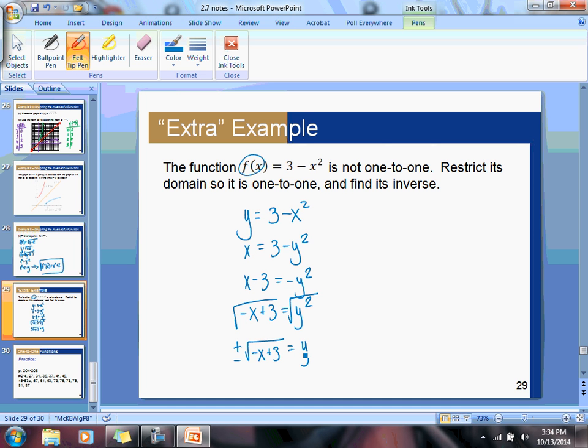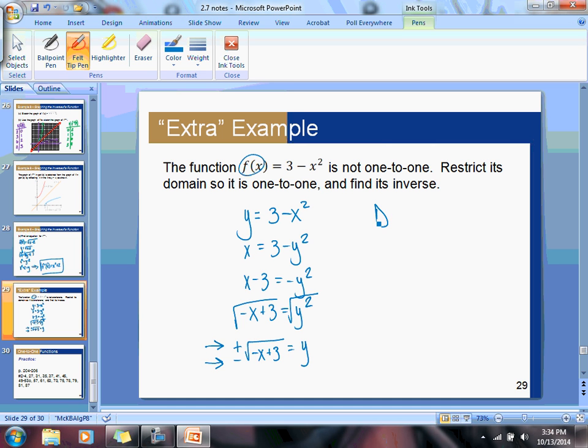Okay, now this is why it says that the original function wasn't one-to-one, because I have two values here for y. So every x that I put in, I'm going to get two values for y out. So the way that I restrict the domain so that I make this a one-to-one function is that I either work with all the positive values or I work with all the negative values.